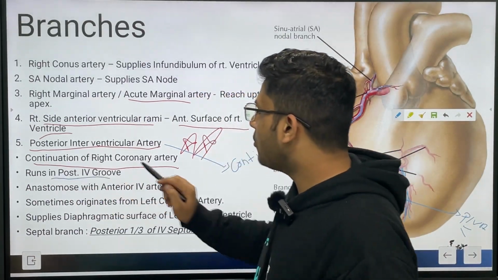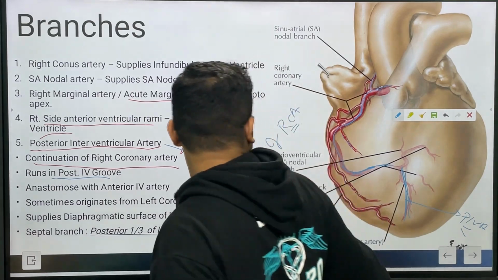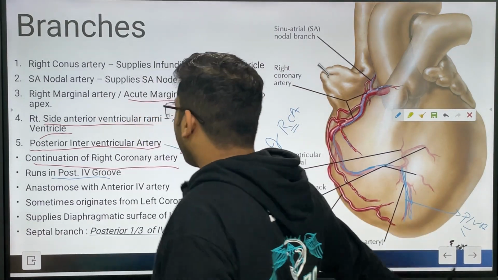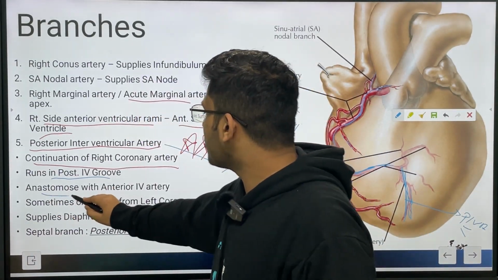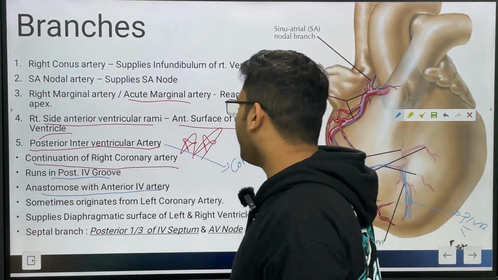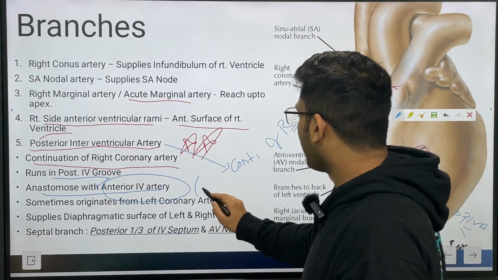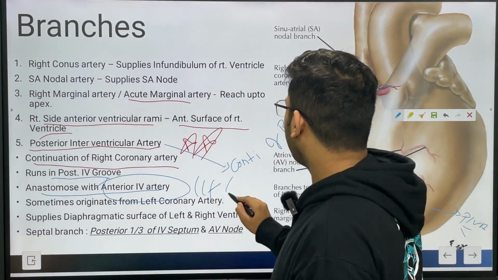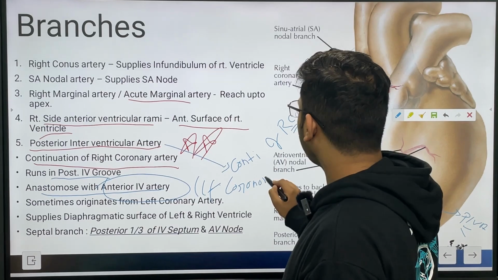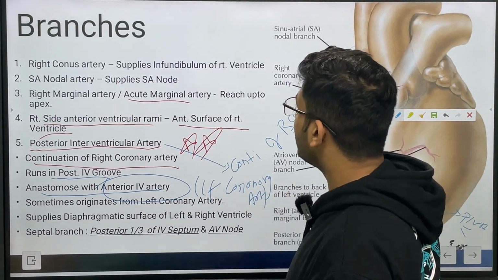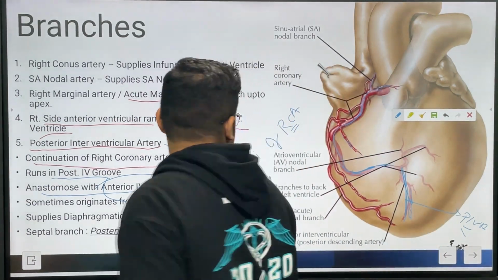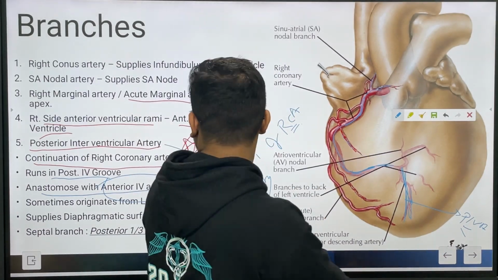It runs in the posterior interventricular groove. Next, it anastomoses with the anterior interventricular artery. The anterior interventricular artery is a branch of the left coronary artery. We will discuss it in the left coronary artery. Let me show you the left coronary artery.